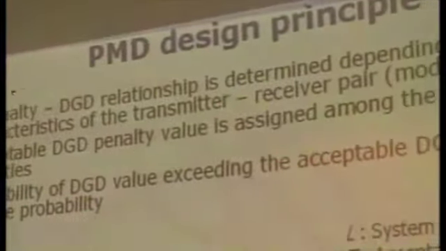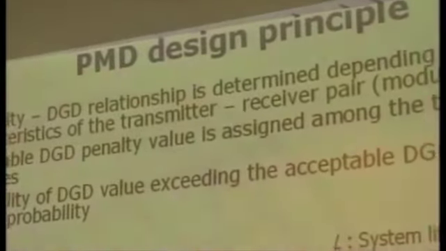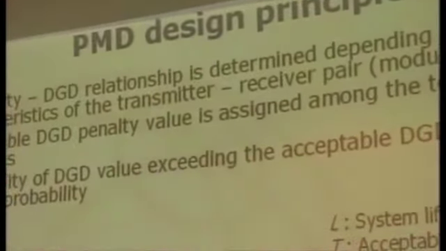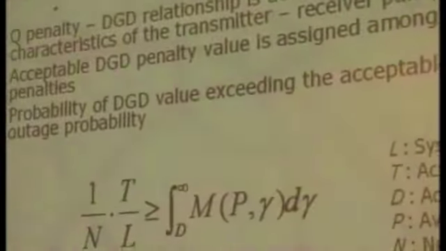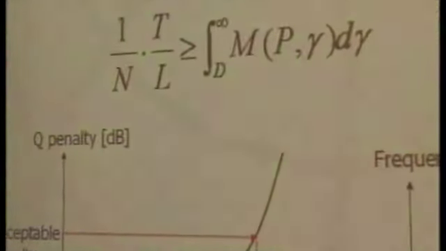And as you see in the DGD and penalty graph, you can see an acceptable DGD value, 0.1, 0.2, or something like that. And once you have the acceptable DGD value, using this graph of Maxwellian distribution, you will set this acceptable DGD value, maybe a small value.